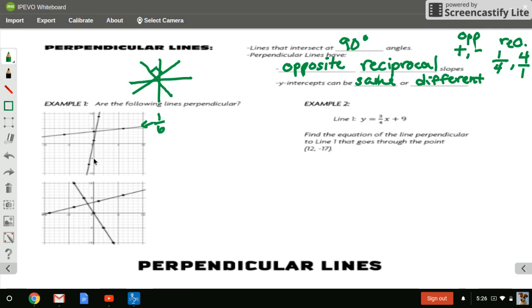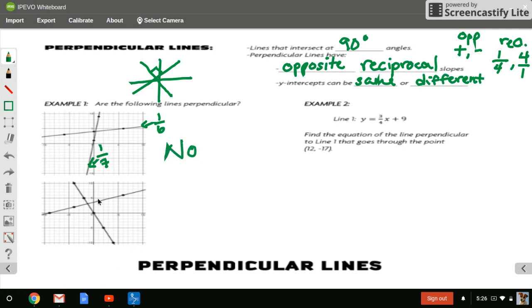So now we have 1/7. First of all, are either of these opposite slopes? Is one of them positive, one of them negative? No. Also, our slopes are not reciprocal. So this cannot be perpendicular. So no for that first one.